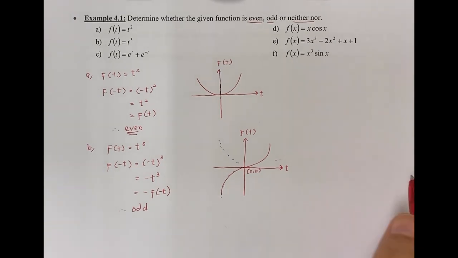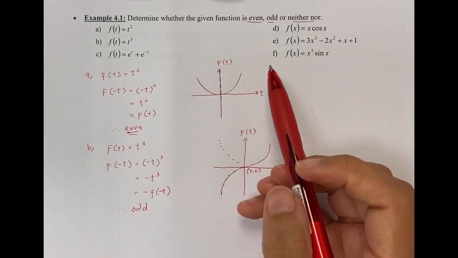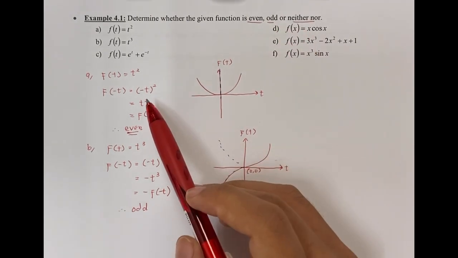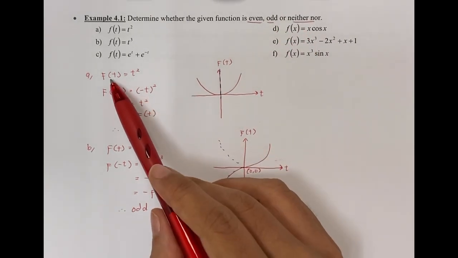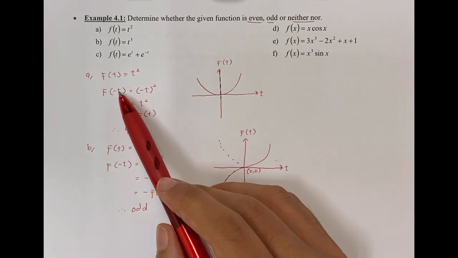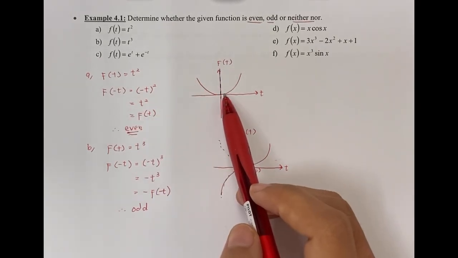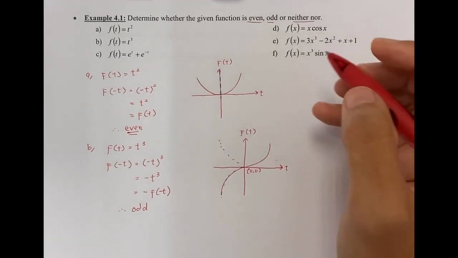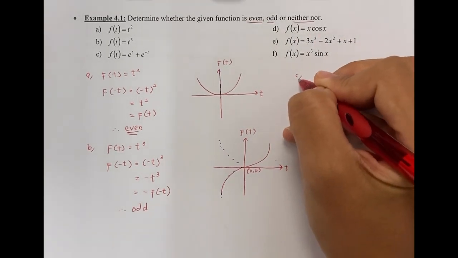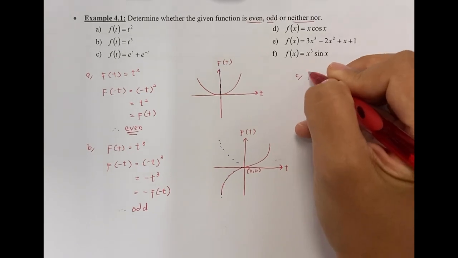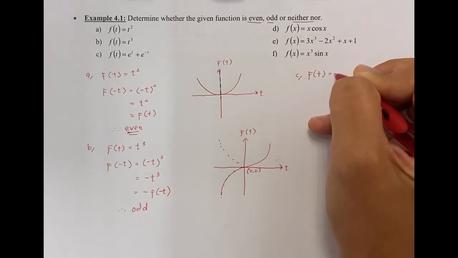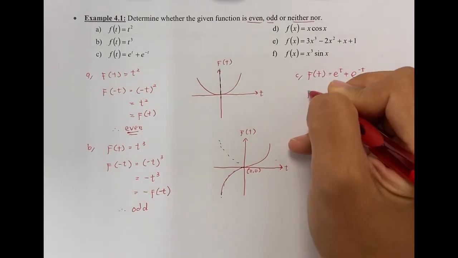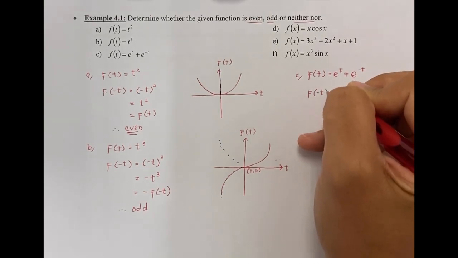Okay, that's how you determine if it is even or odd or neither, using the substitution of t with negative t, or you can refer to the graph. Okay, A, B, and then for C, let's say for C, you have f(t) equal to e^t plus e^(negative t). Then find what is f(negative t).